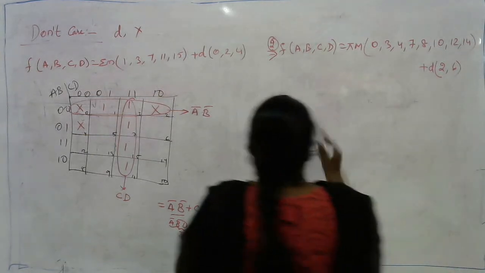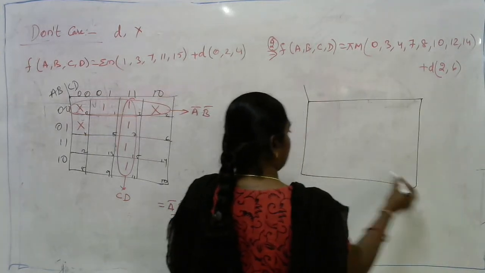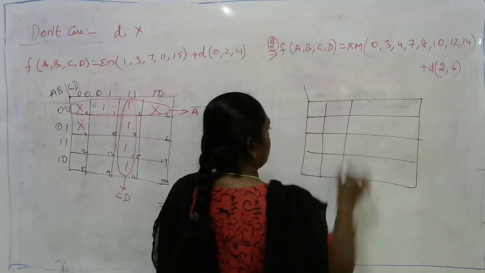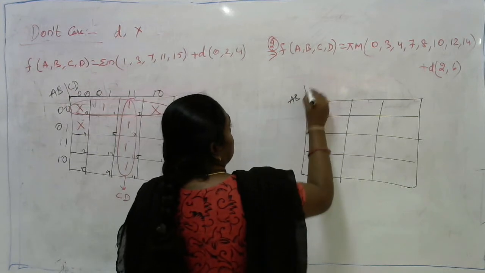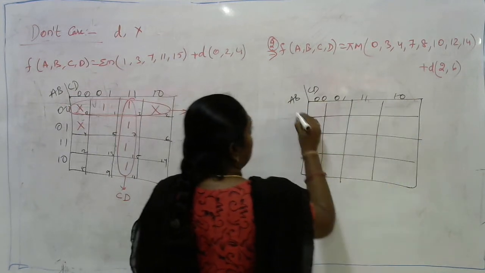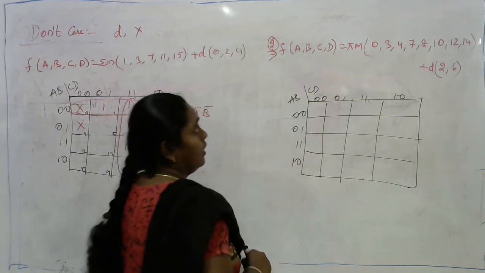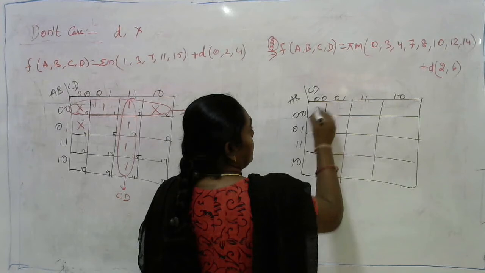Here I will be drawing a 4 variable K-map. Variables are A, B, C, D, with 0 0, 0 1, 1 1, 1 0 along both the rows and the columns. And the corresponding terms, as it is a POS, I need to represent as 0.